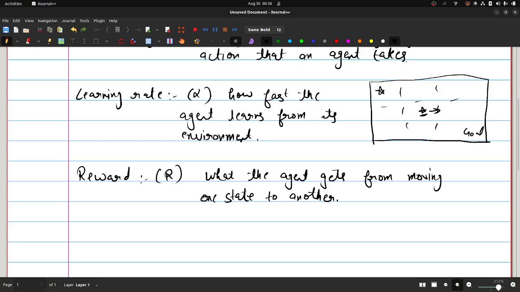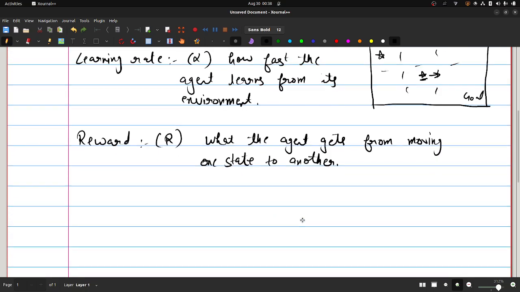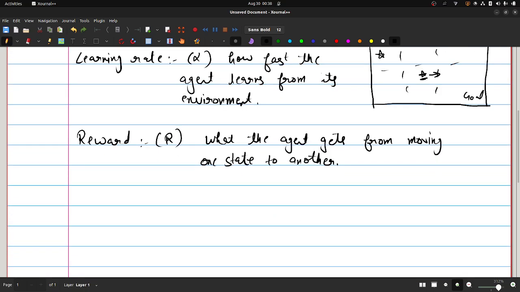So we have seen that if the agent is present in one state, the action determines the quality of that state. Alpha determines the learning rate, how fast it is learning. Reward determines what the agent gets in return.